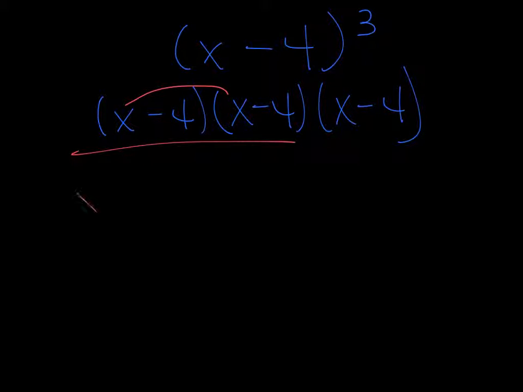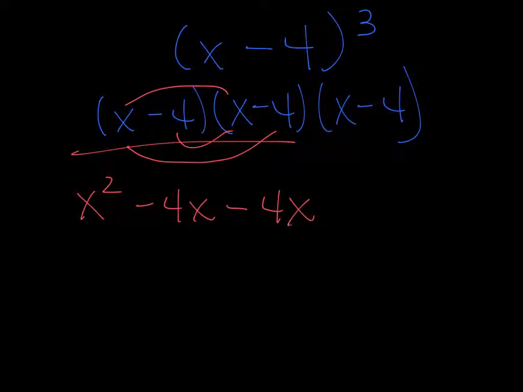So we're going to FOIL that. X times x is x squared. Negative 4 times x is negative 4x. Inner terms, negative 4 times x is negative 4x. And the last terms, negative 4 times negative 4 is plus 16. So right now we have x squared minus 8x plus 16.